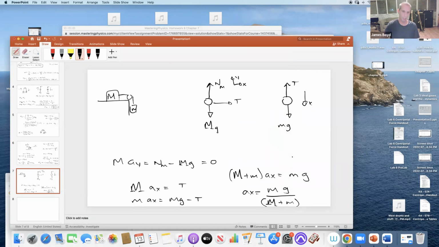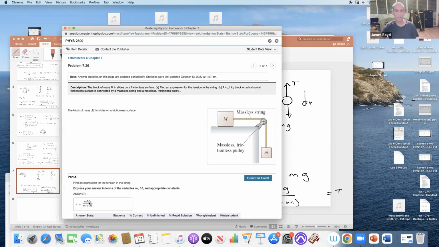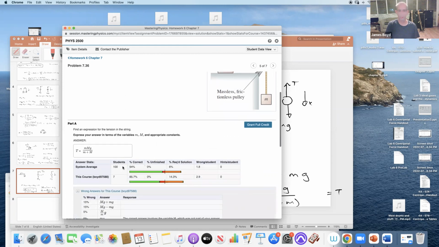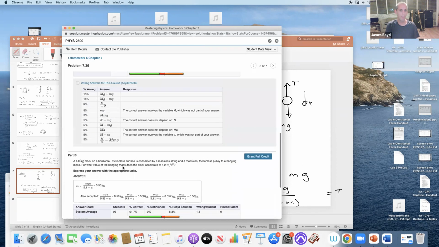Now the tension is here. So big M A_X would be the tension. The tension is big M times A_X, but A_X was little mg over big M plus little m. So just multiply both sides by big M, and we get big M little mg over little m plus big M, which is what we got.